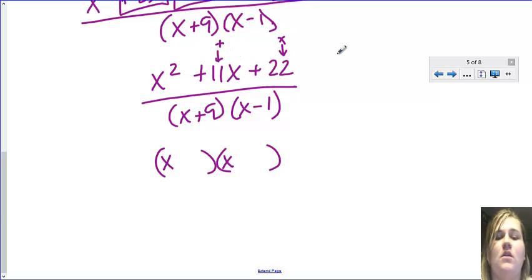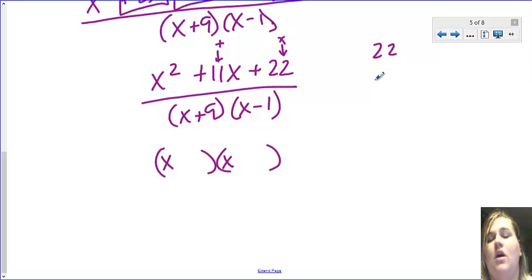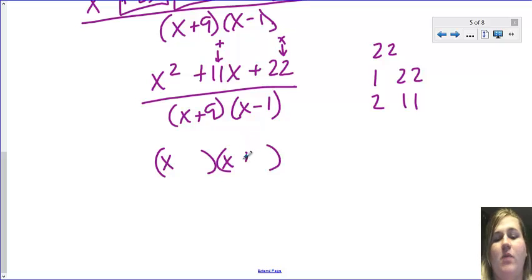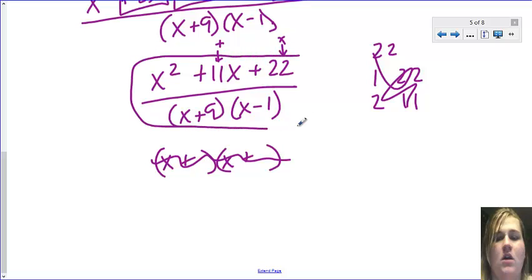Things that multiply to get 22 are 1 and 22 and 2 and 11. I would have to have a positive and a positive, and are either of these going to get me an 11? The answer is no. So if it will not factor, which this one won't, this is my final answer.